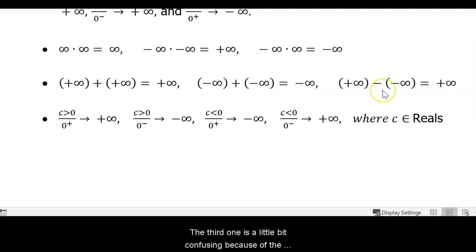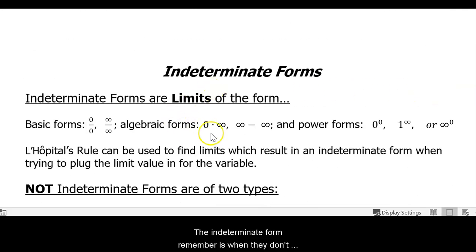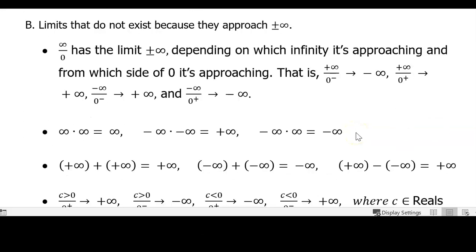The third one is a little bit confusing because of the double negative, but this is positive infinity minus a negative infinity. The double negative makes this positive infinity, which makes it more like the first one. So again, they go to positive infinity. The indeterminate form, remember, is when they don't agree. This one wants to go to the right, this one wants to go to the left. That's a tug of war.